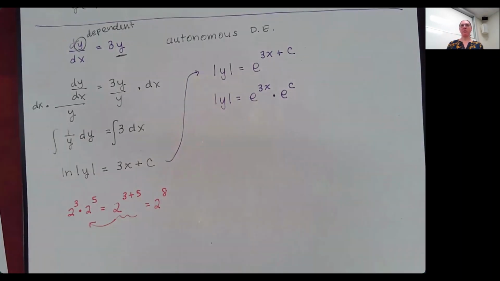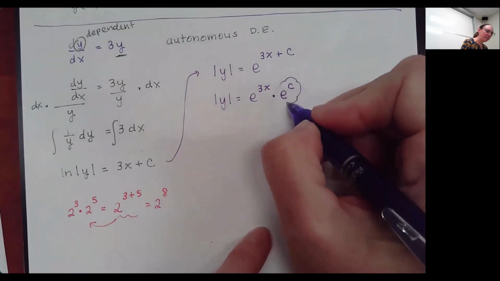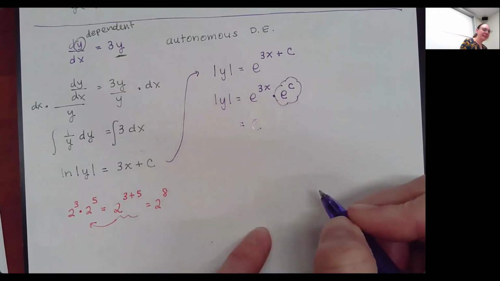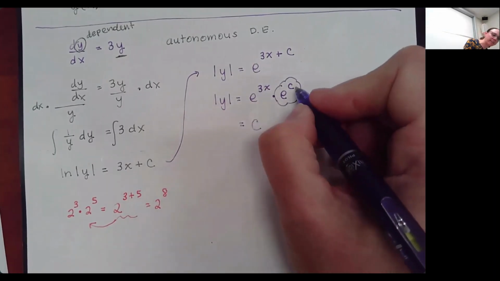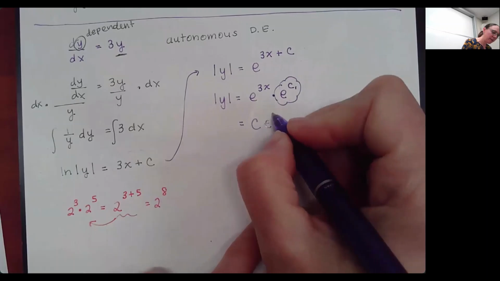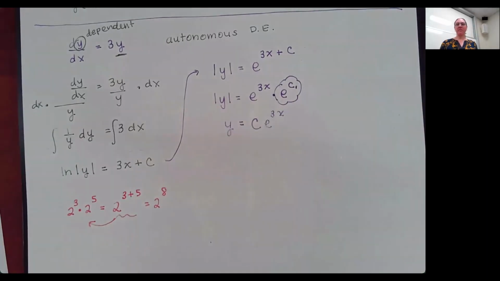It would spit out a number for me. So I'm going to rewrite e to the c as just some constant. It's not the same c, so if you want to give this a little subscript to indicate that it's not the same c, that's fine. But in so doing, I have now taken care of the fact that that could be positive or negative, and I can drop the absolute value sign on the y.